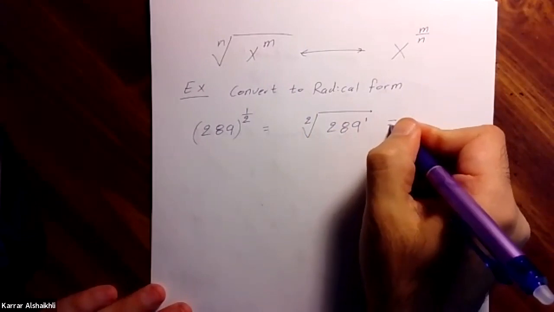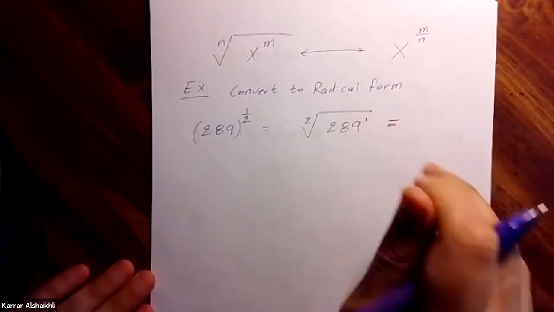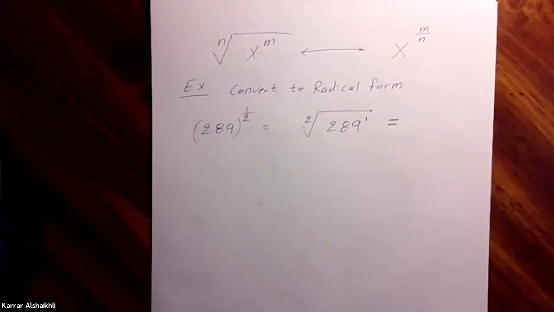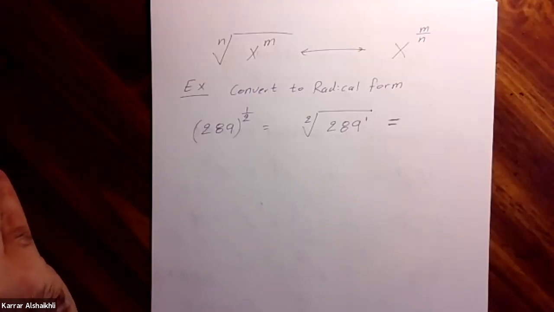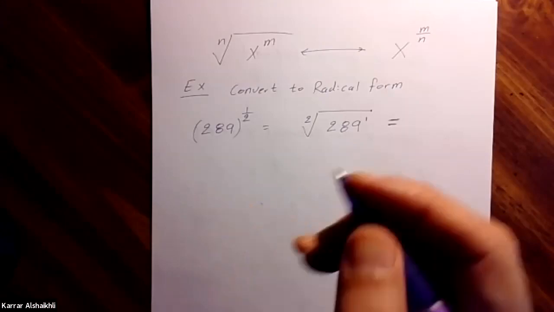Someone tell me. What's the square root of 289? Is there a square root for 289? 17, that's it.